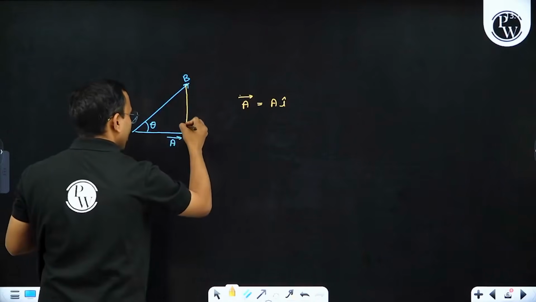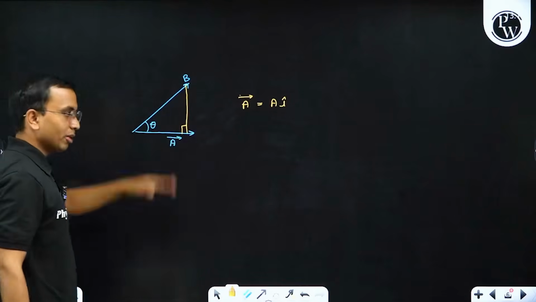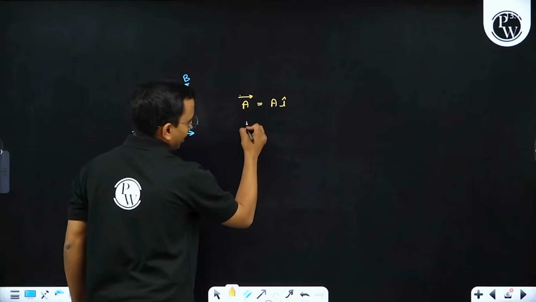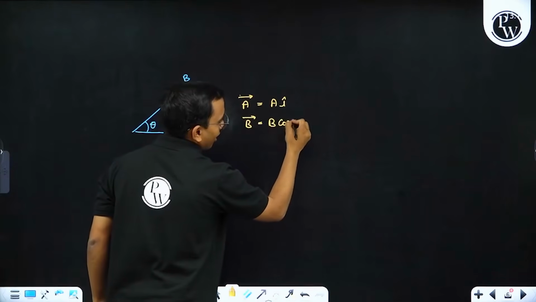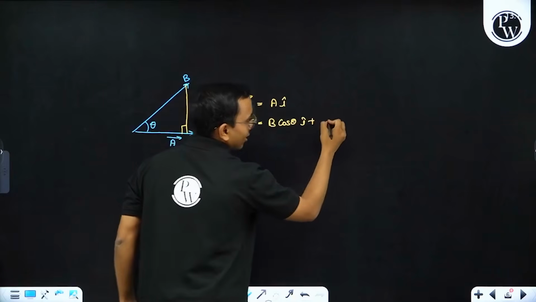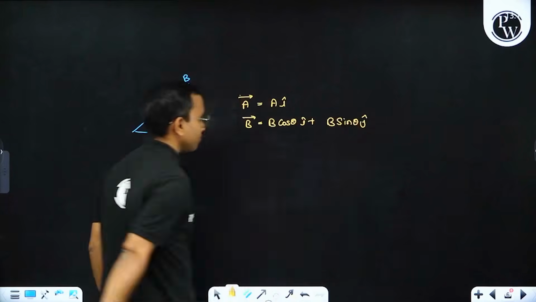A may be bigger also. Along the y-axis it will become B sin theta. So B will become B cos theta i cap plus B sin theta j cap.